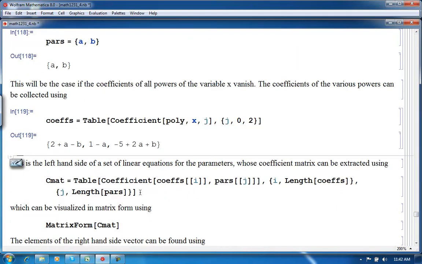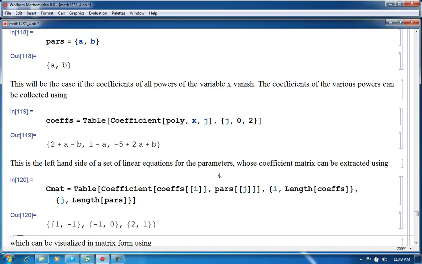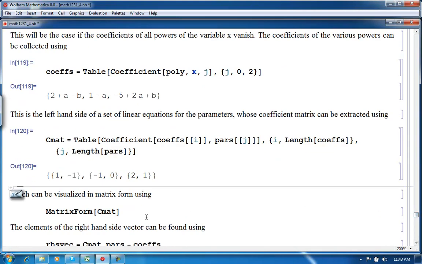And then these are three linear equations for two variables, and we can calculate the coefficient matrix using this, and there it is. So we can visualize that using that.